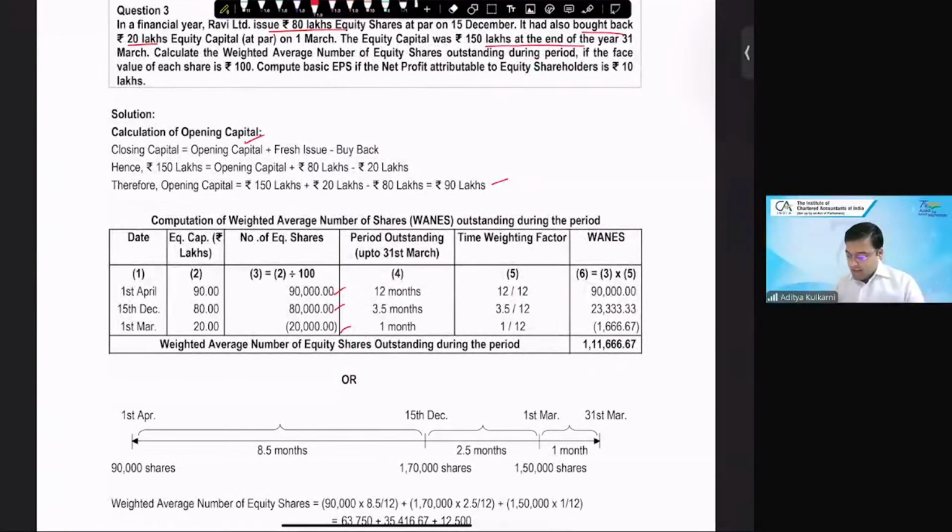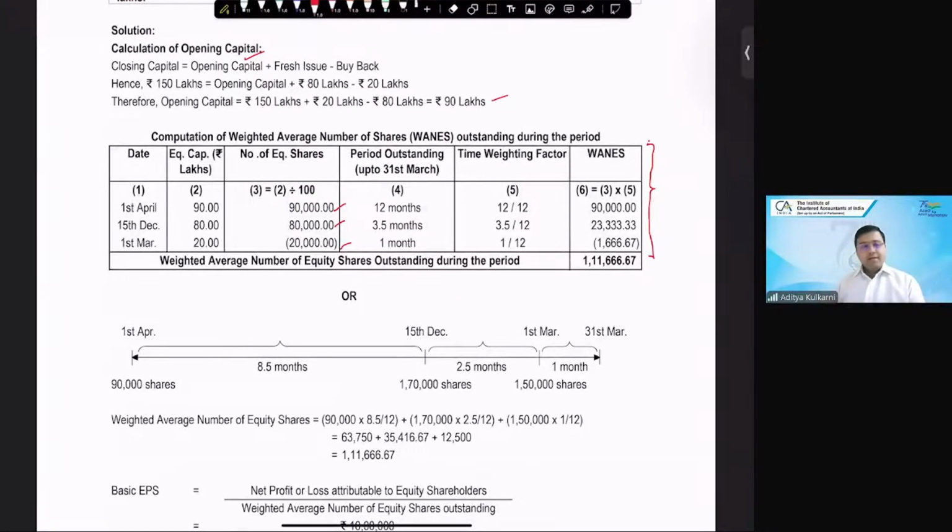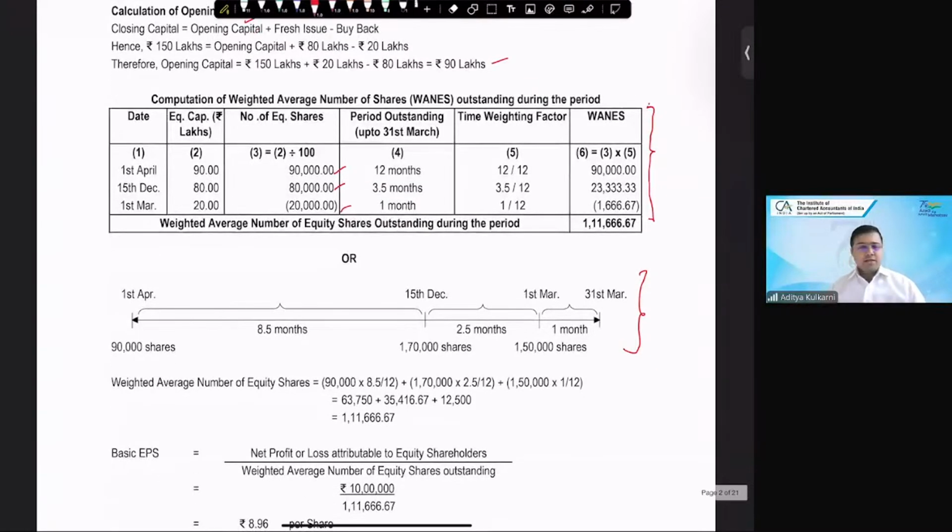So you could either do it the manner of the institute, the process that the institute has followed, or the timeline method that we have done. Both I have given to you. Both are acceptable. Is it okay? Yes, sir. So whichever you want to use, you can use.